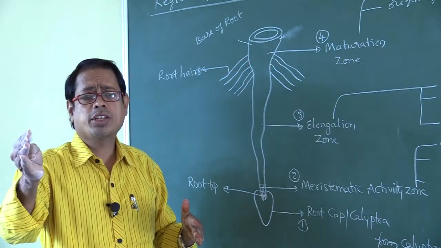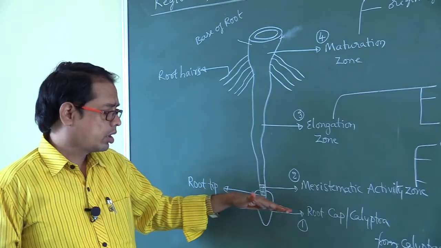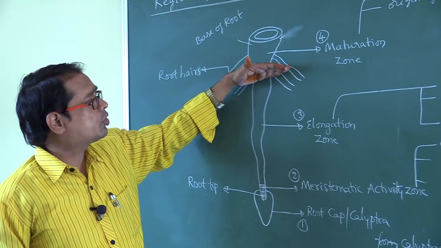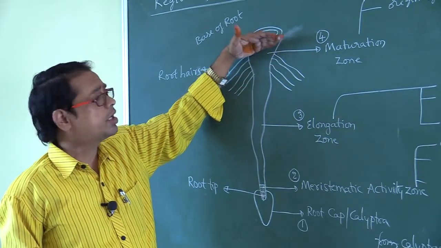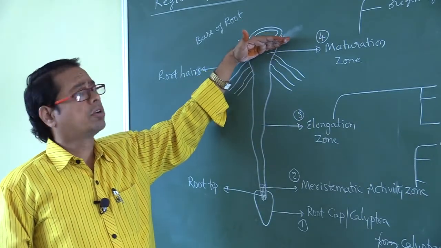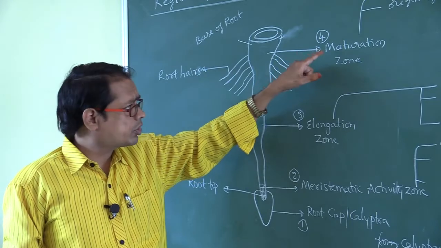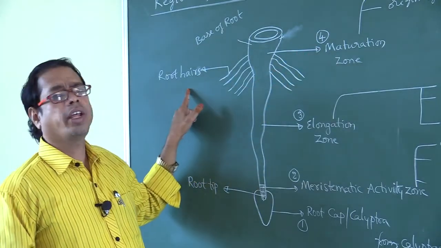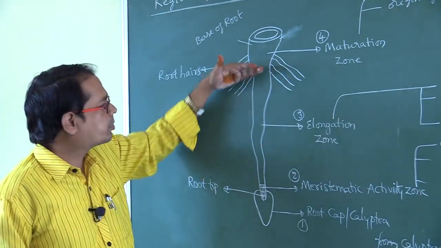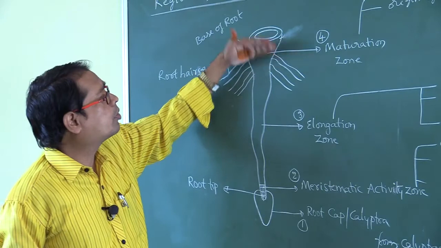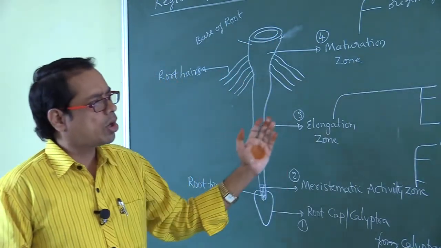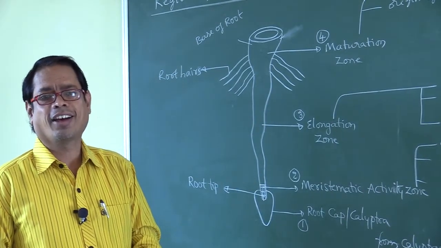If root hairs and maturation zone are given separately: root cap, meristematic zone, elongation zone, root hair zone, maturation zone. Above the root hairs, the maturation zone is present. If asked separately, the lower part can be considered root hairs and the upper part the maturation zone. Please note down all these points, my dear students, and we will meet in the next class.